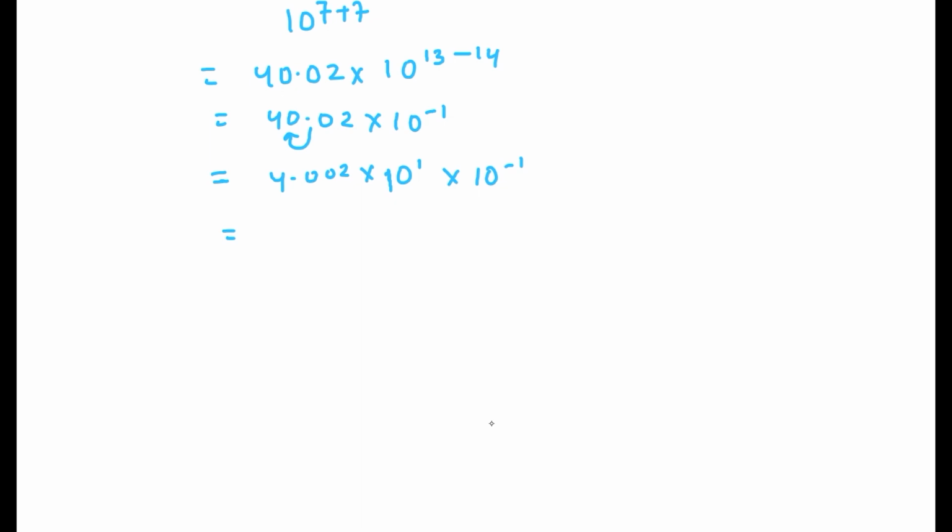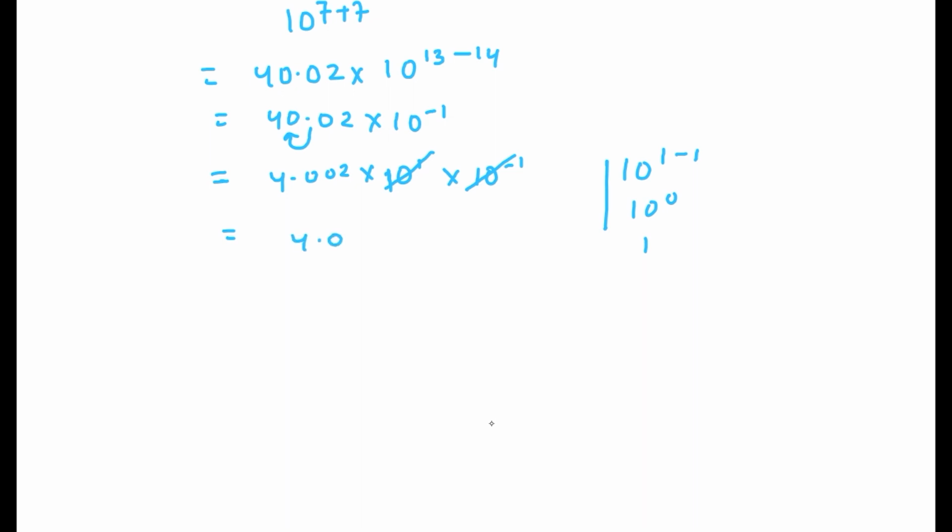So this is 10 power 1, because here we shifted 1 unit only. So this is cancelled, meaning the base is same, so the powers should be added: plus 1 minus 1, it becomes 10 power 0.